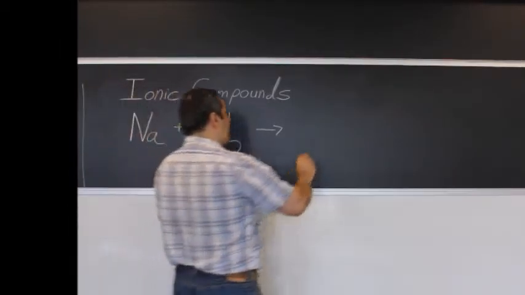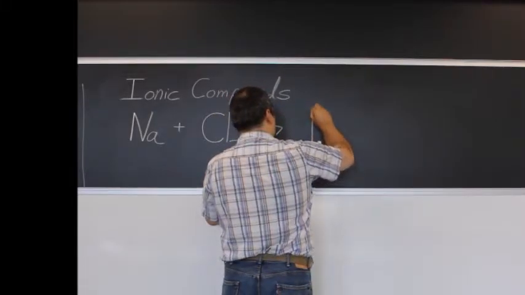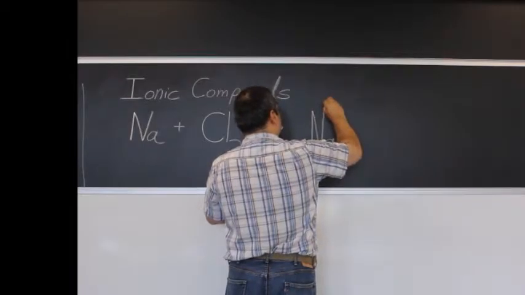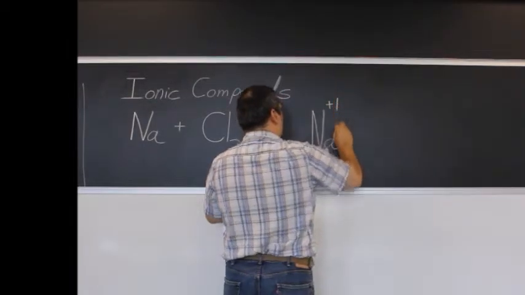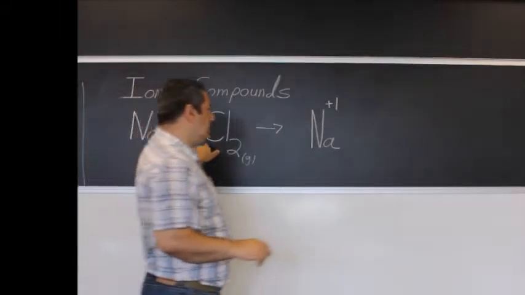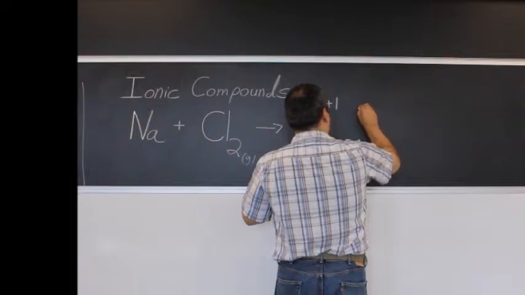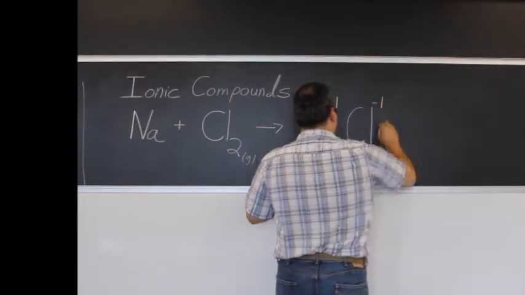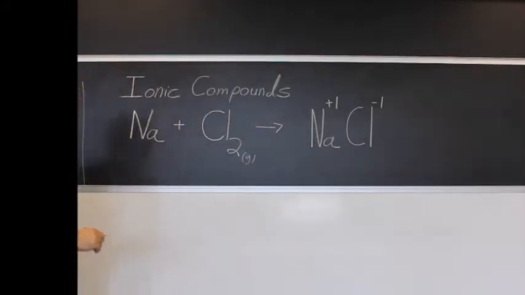Now, as it turns out, sodium typically forms a cation, a +1 ion. Chlorine, we'll see, forms chloride, which is a -1 species.